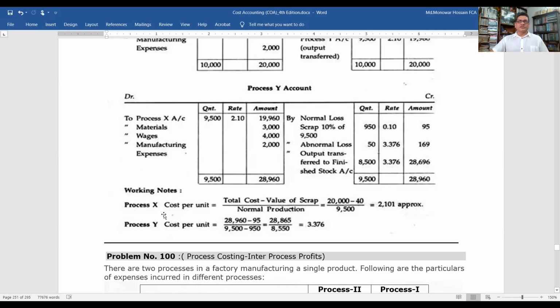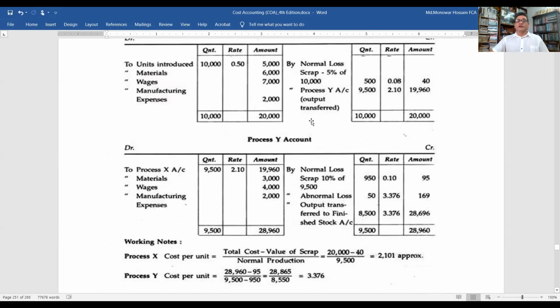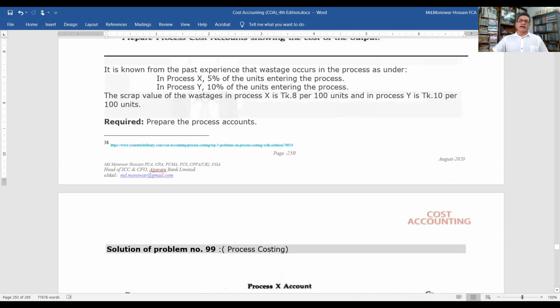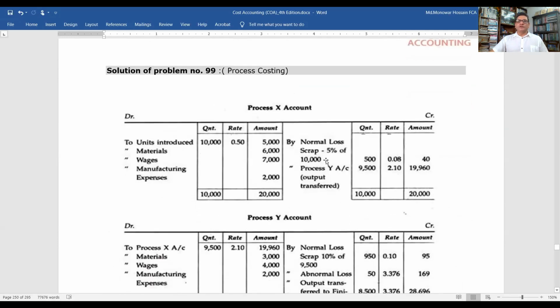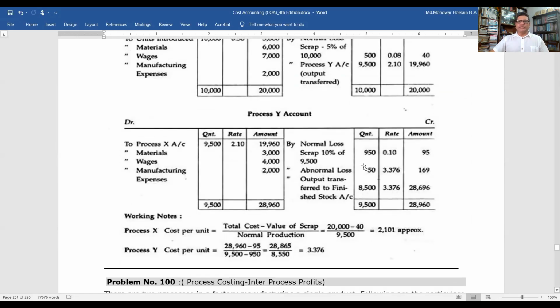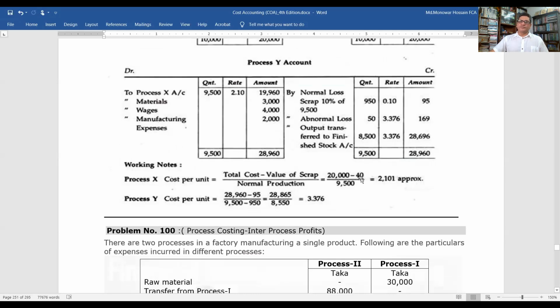Look here, work in process cost per unit, total cost 20,000. This 20,000 minus taka 40 for scrap value, because taka 8 for 100 units is the scrap value. So 500 divided by 100 multiplied by 8 gives us 40 taka.